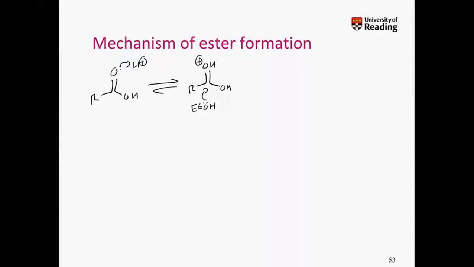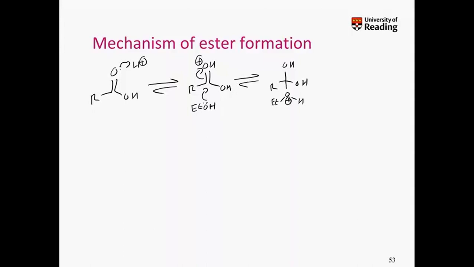The carbon will have too many bonds at this point, so we then need to break the carbon-oxygen double bond. What that will give us is our tetrahedral intermediate. And this is the point where things get a little bit more complicated. We've got acid in our system, and what can happen at this point is what's known as a proton transfer.